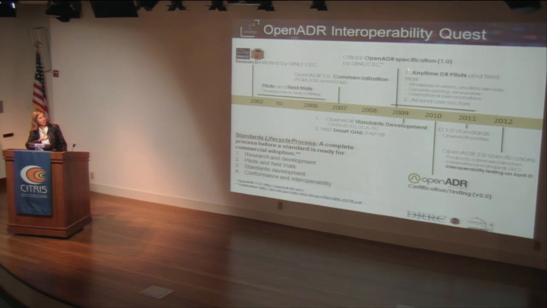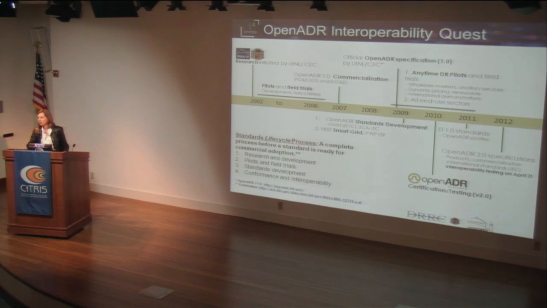In 2009, we published version 1.0 of the spec. It was published as an LB&L report with the California Energy Commission. And we gave it to the NIST Smart Grid standards process. In 2012, we have the formal specification of OpenADR 2.0, which is the national smart grid standard that's come out of the standards process, the updated version of OpenADR that will be implemented in California next year.